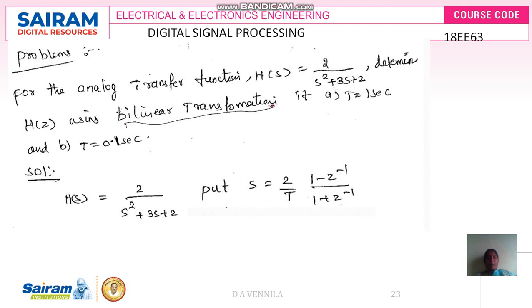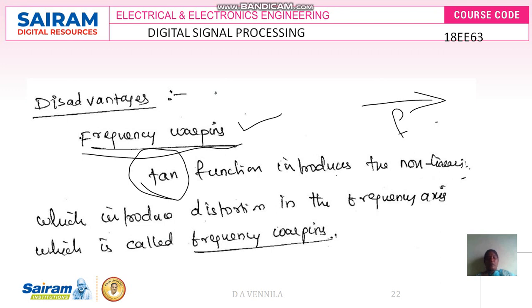Now, coming to the problem, one more thing I want to tell: how to overcome this frequency warping? By using the pre-warping technique, we avoid this warping, which is nothing but the distortion. What is meant by pre-warping?